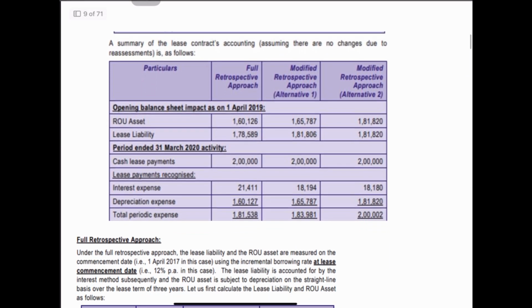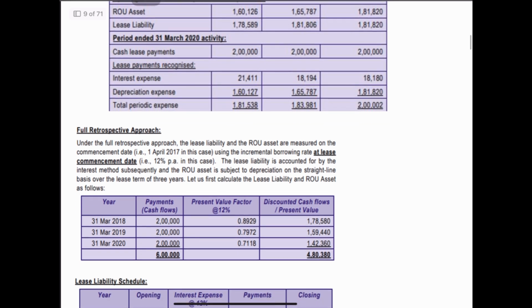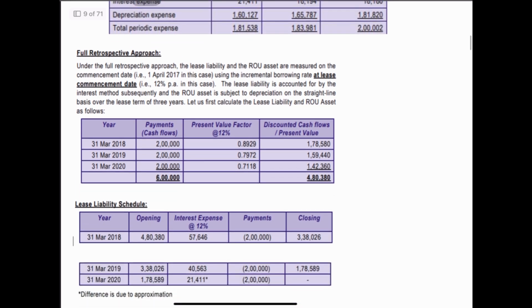So first we'll go through the full retrospective approach. It's very easy. Under the full retrospective approach, it's given that the discount rate is 12%, and every year 200,000 is your lease payment. So you can calculate the present value of this 200,000 yearly, using the original discount rate of 12%. You get the factors 1 by 1.12, and 0.8929 by 1.12.